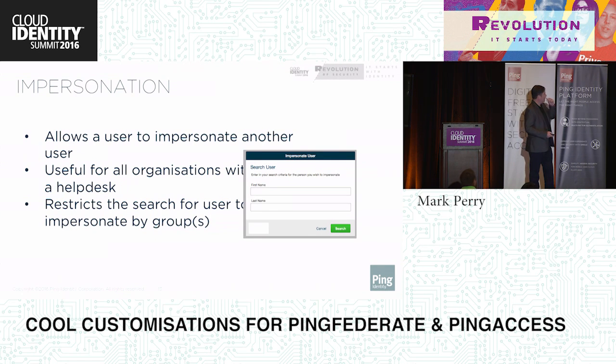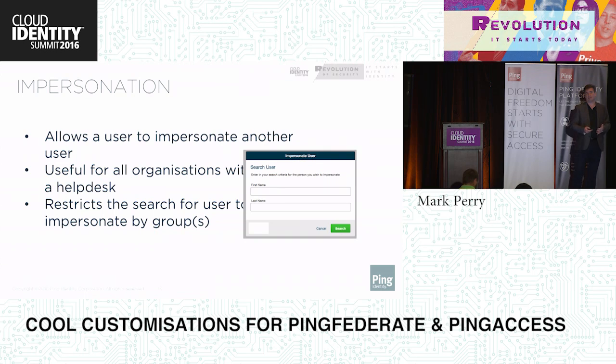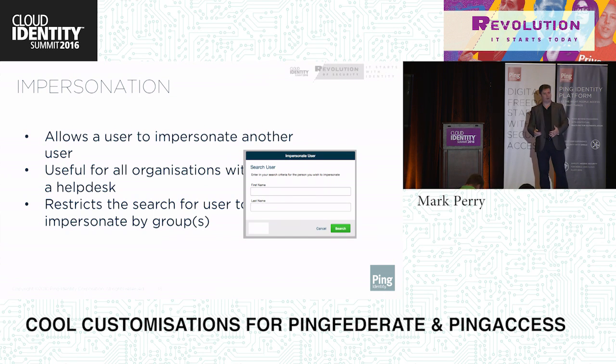Let's talk about some of the other general use cases. Impersonation is one that could be very useful. This is a scenario where you've got help desk people and somebody rings up and says, I'm having a problem, and the help desk person then has to weave their magic on the phone with someone who may not be technology savvy to actually work out what the problem is, what it looks like, and where in the application there might be an issue.